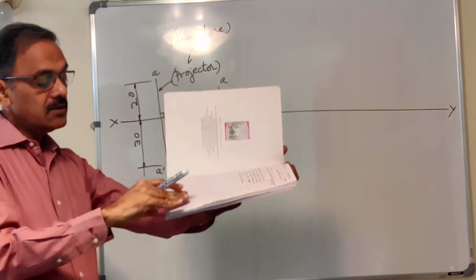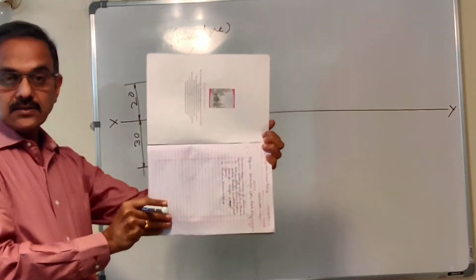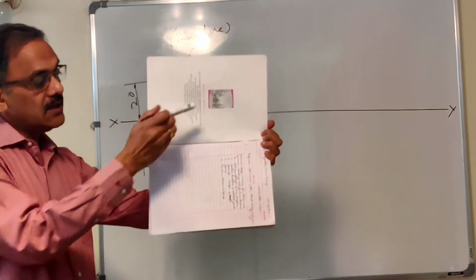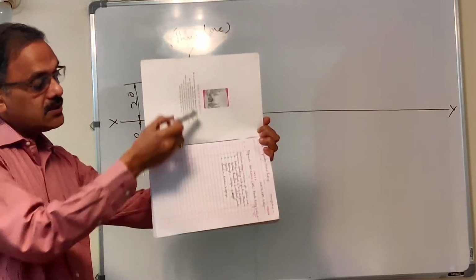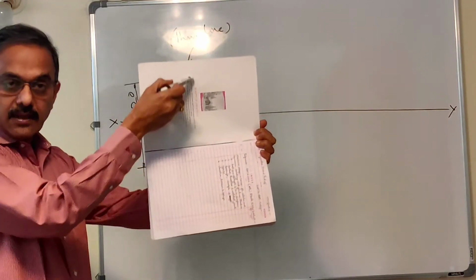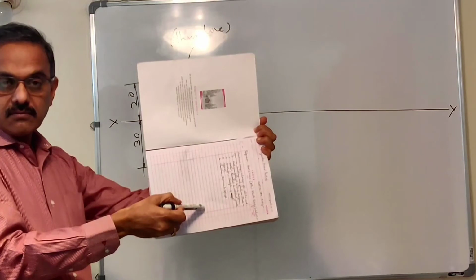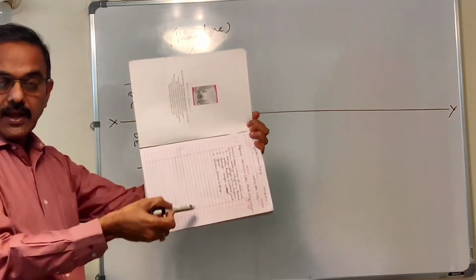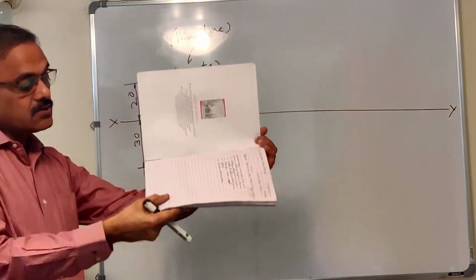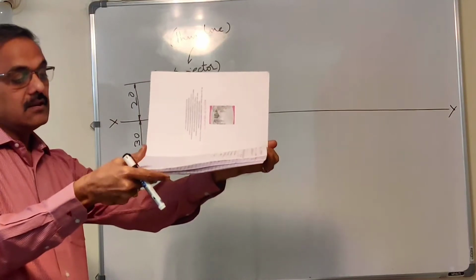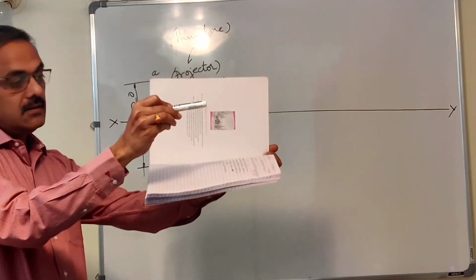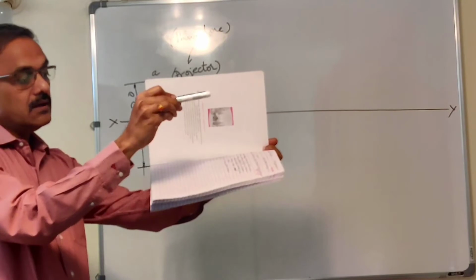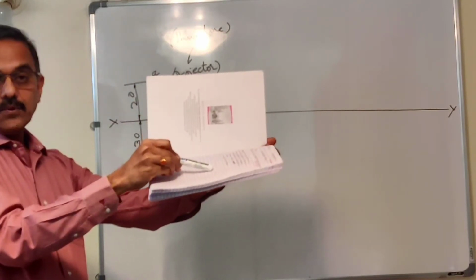Now imagine this is rotated by 90 degrees. This was A here and this is A dash. You will find that both should lie on the same line after rotation. They lie on the same line. This is the reason. Once again I can show you, it's like this. There is a point A here in space. You got its front view here, then top view here.